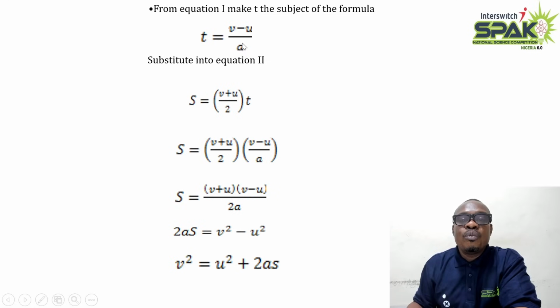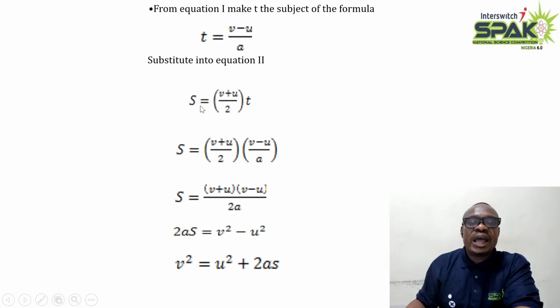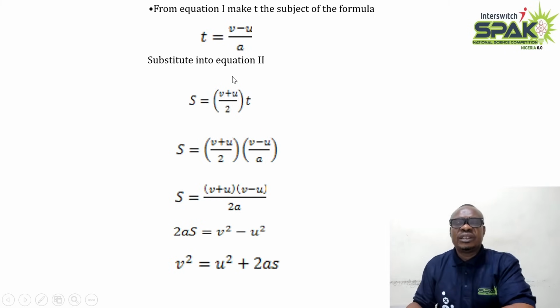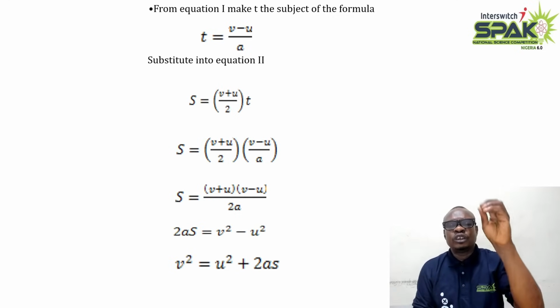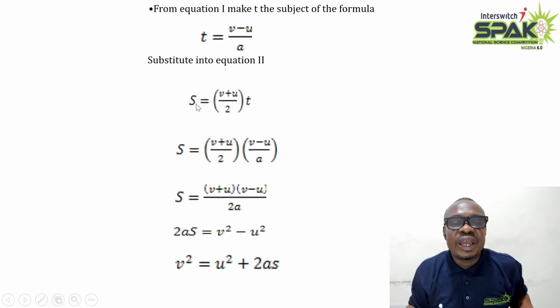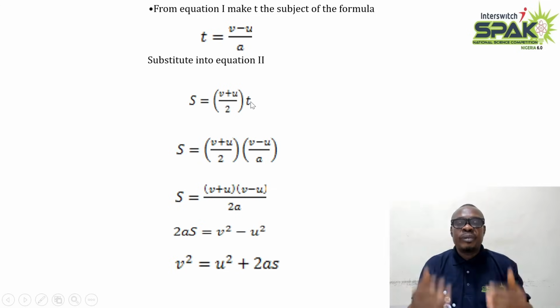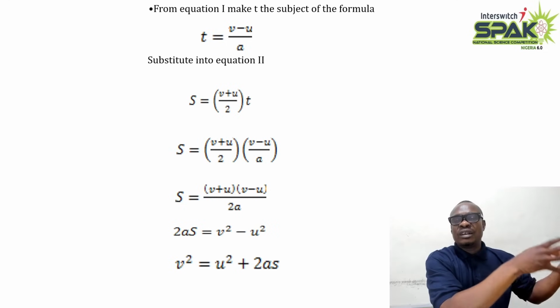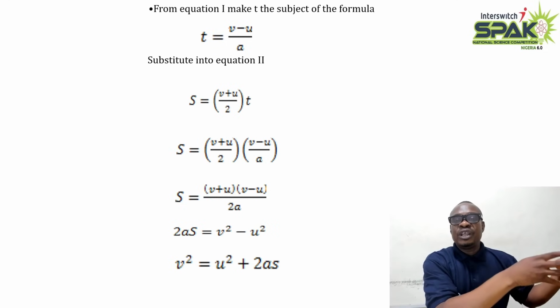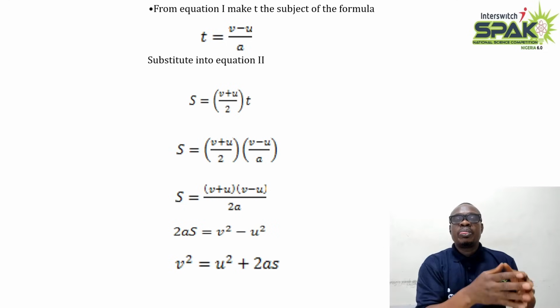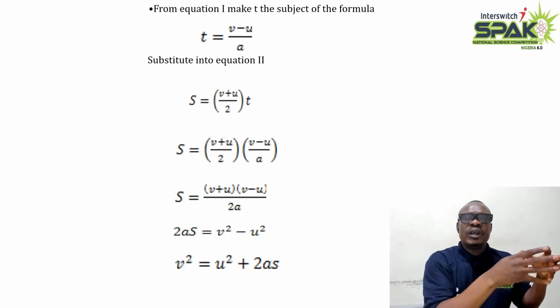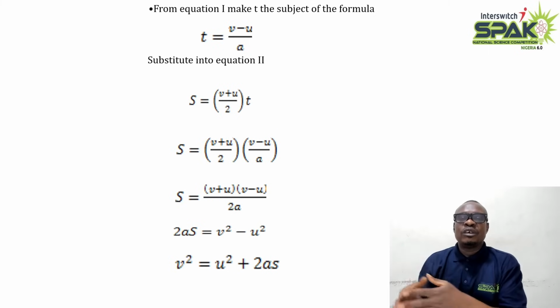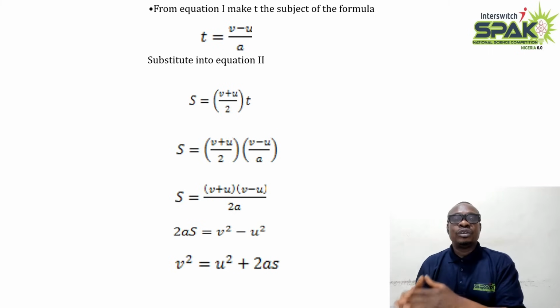So what then do we do? We plug it into s equal (v plus u) over 2 all into t. Listen, the two equations are being substituted into this particular one we have here. This is a way for you to remember. The two equations are obtained from what? The first, from the definition of acceleration, that is v equal to u plus at. Then from that v equal to u plus at, I make t the subject of the formula to give me v minus u all over a.